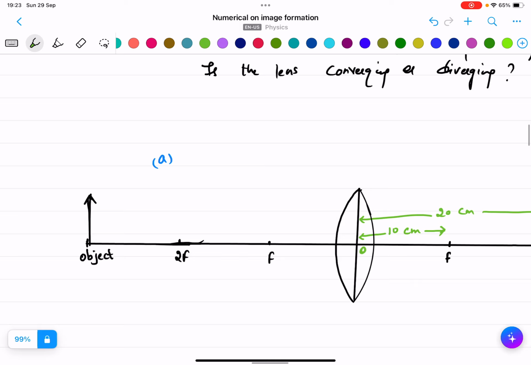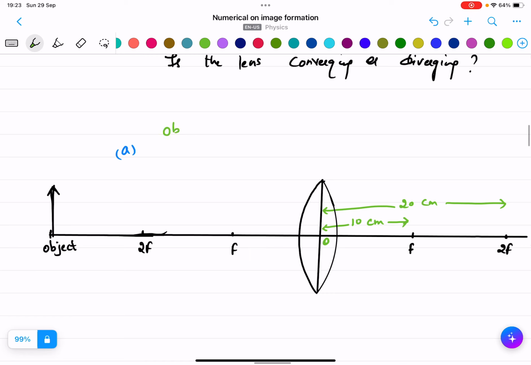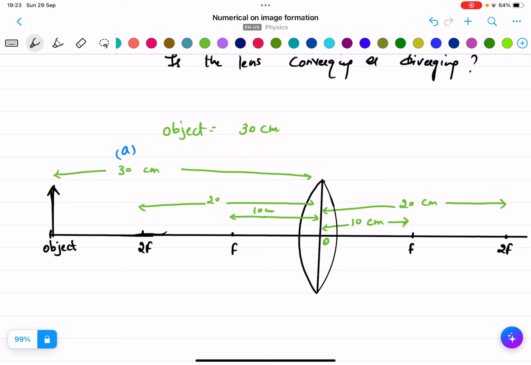Now consider the first part. First of all, it is mentioned the object is placed at 30 centimeter. So till here is 10, till here is 20, and then 10 more, and this is basically 30 centimeter.